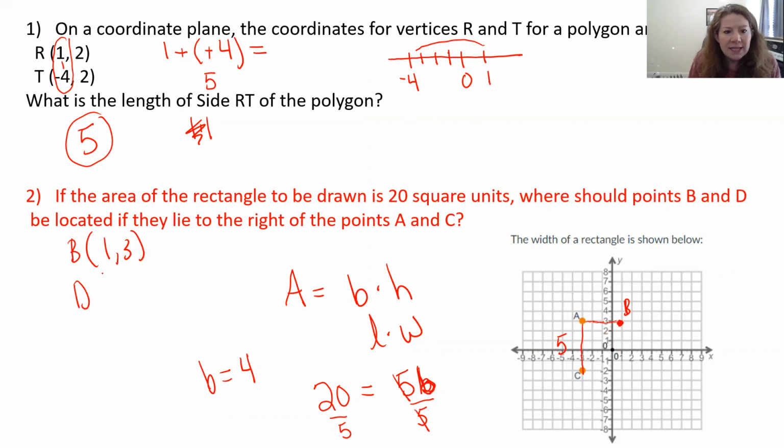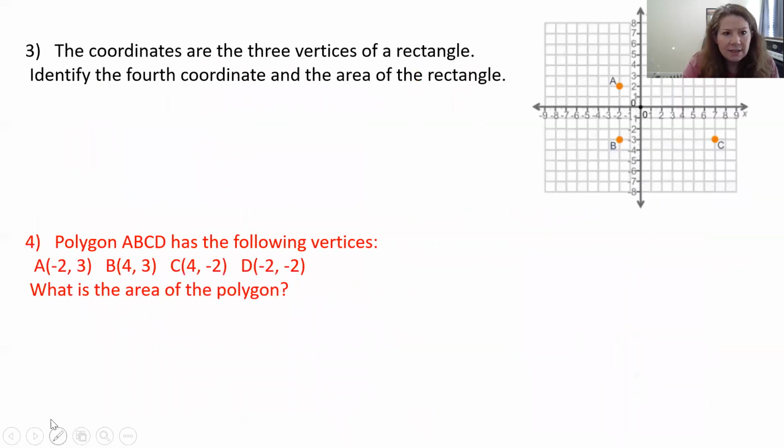And letter D, if I go 4 units to the right, 1, 2, 3, 4, it would have to be at +1, -2. Those are where our new points would have to be, at 1, 3, and 1, -2. I hope that makes sense to you guys.